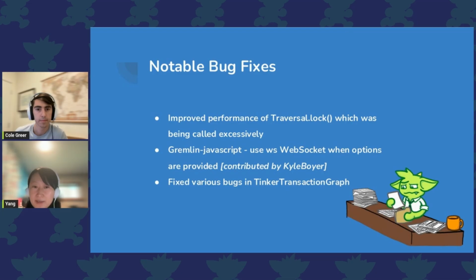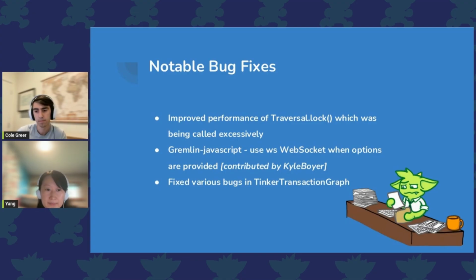Another great contribution from the community by Kyle Boyer is a fix to Gremlin JavaScript. For client users who upgraded to Node 22 or newer, applications may encounter network error failures, which were caused by the removal of the built-in WebSocket support in Node, which did not support custom headers or handle the WebSocket handshake properly.